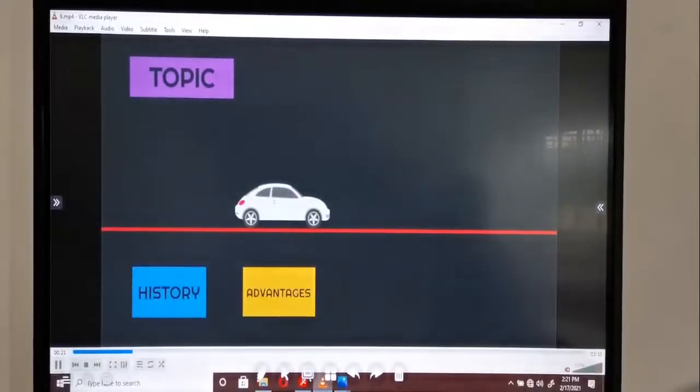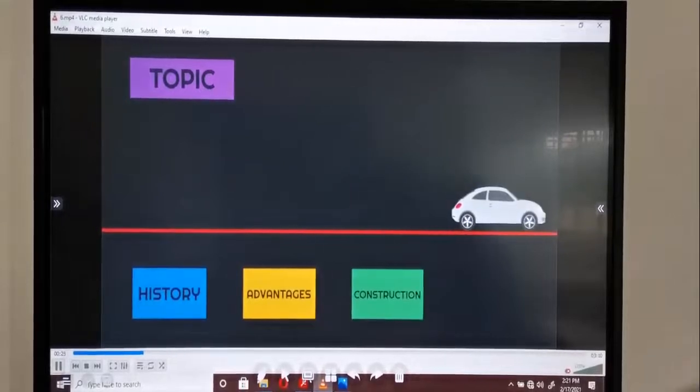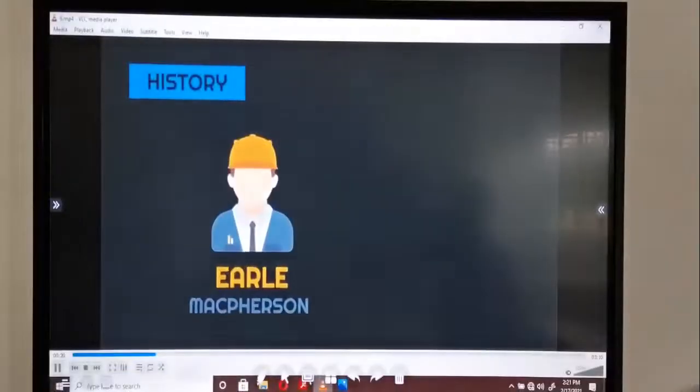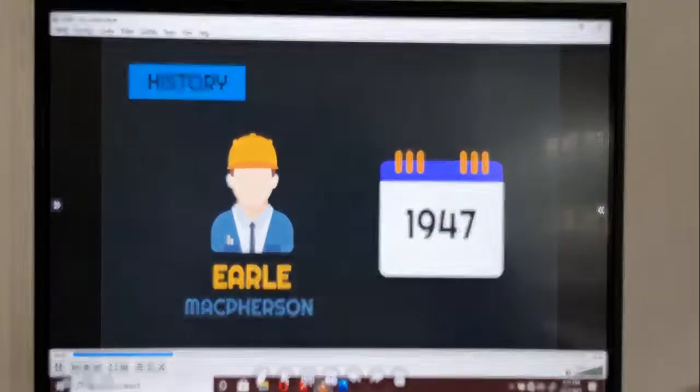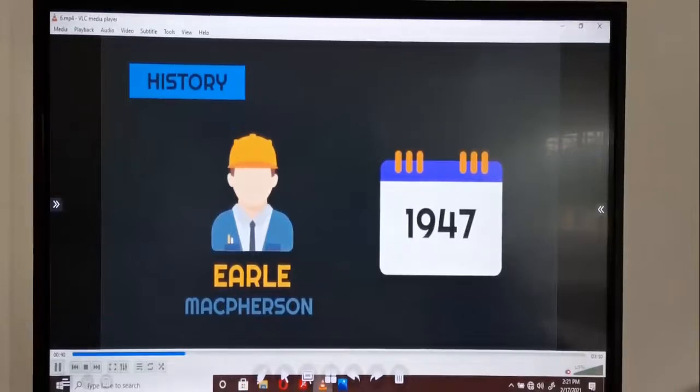This is also the same as the previous animation. So here also we study about the history. McPherson invented this suspension in 1947, so it was found after the wishbone type suspension.